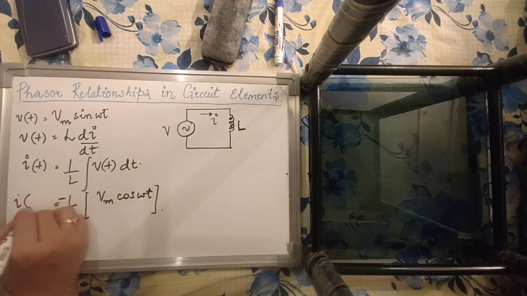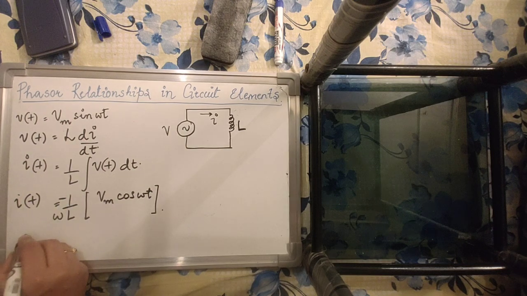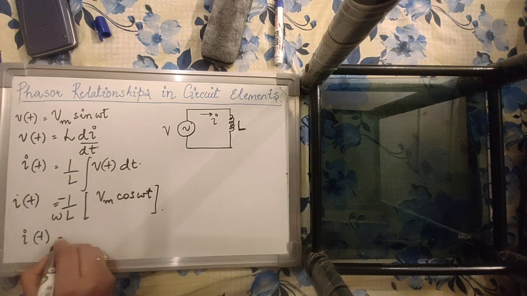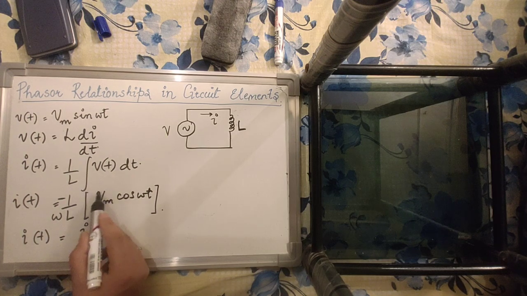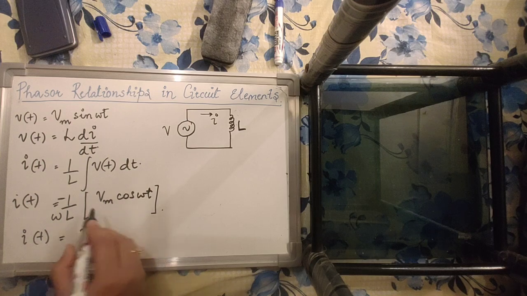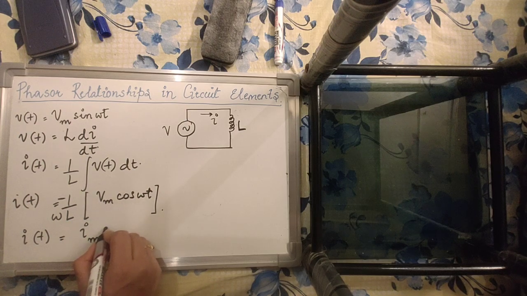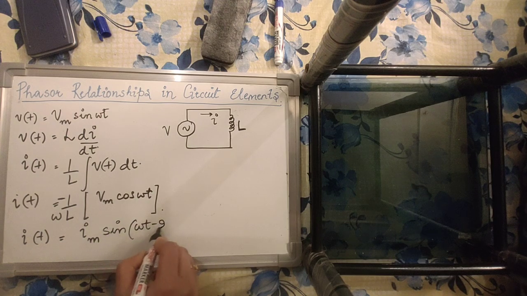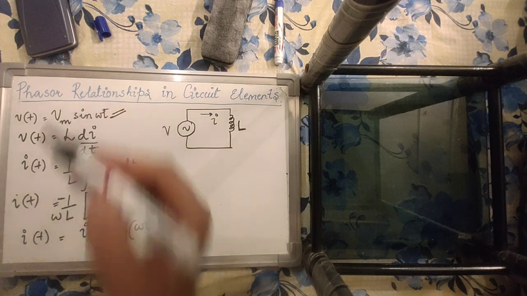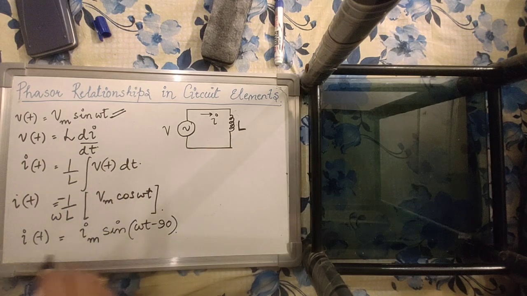So this is my current response It, or I can say It is equal to Im, where Im is Vm by omega L, and minus of cos omega t, I can write it as sine omega t minus 90 degrees, right? Now I have voltage being Vm sine omega t, and I have calculated It as Im sine omega t minus 90 degrees, where Im is simply the constants put together.